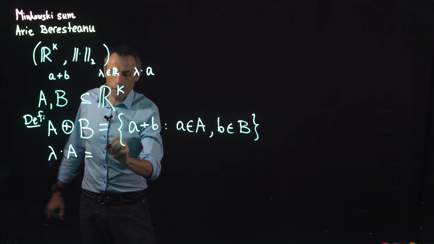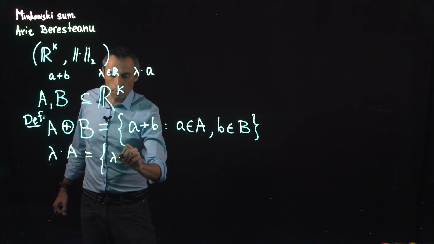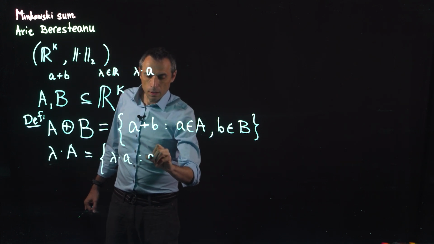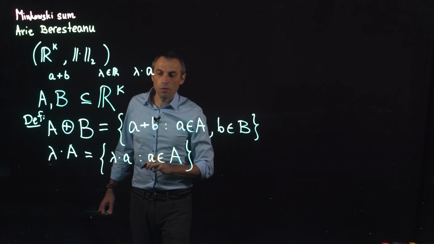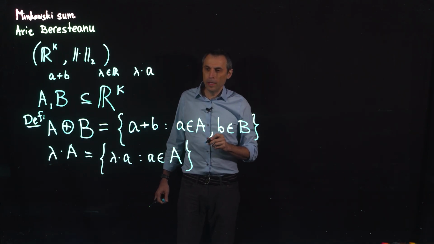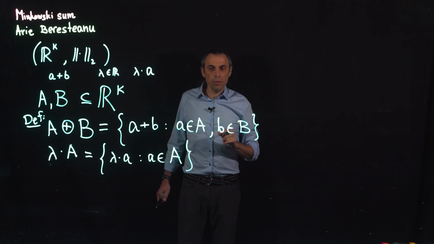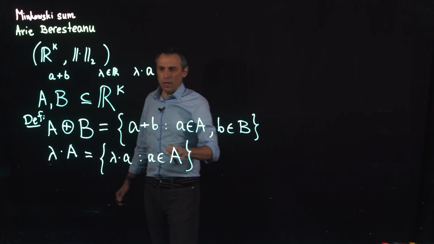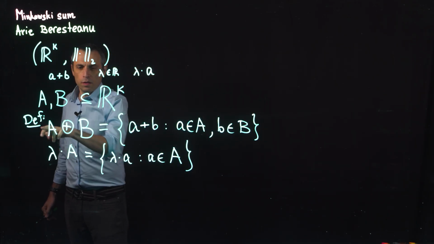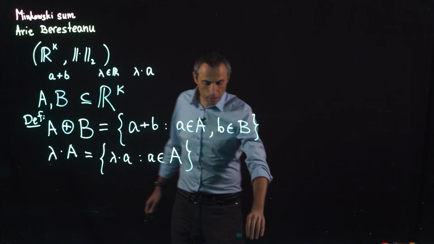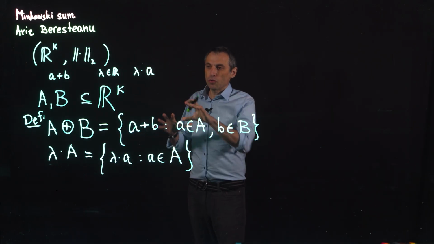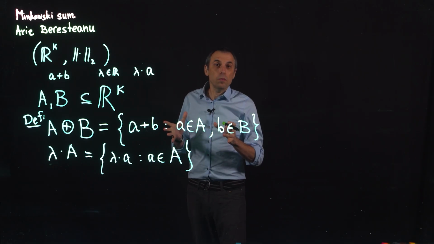That's similarly going to be the set of lambda times a, such that small a is in capital A. That's also very simple. So this is the Minkowski summation and the definition, and we will now look at this definition and try to see what kind of things can we say that are true for the Minkowski summation.